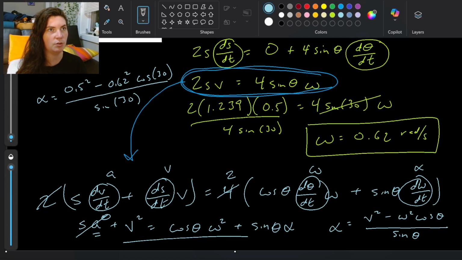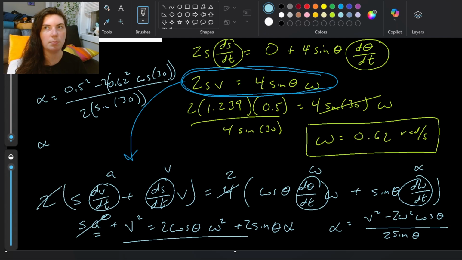And oh, I dropped my 2 out front. Whoops. There's a 2 there. That puts a 2 on the bottom there, a 2 on the top here. My mistake. I dropped too many of my 2's. Got a little too excited. All right, I think we're all good now. I think I got everybody.